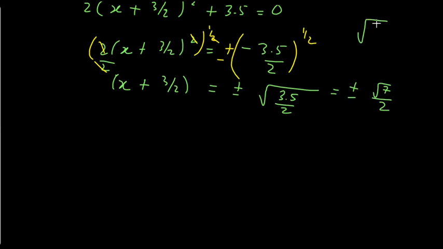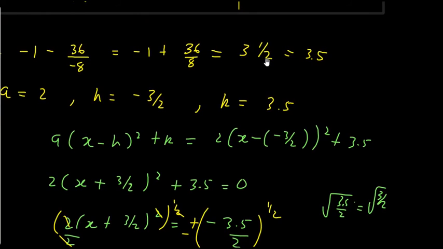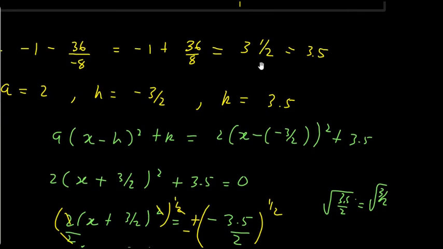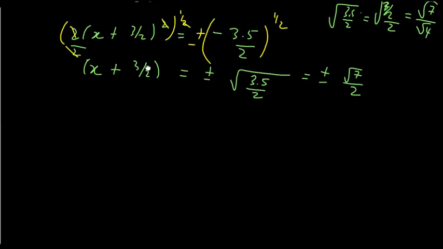What did I get here? 3.5 is the same as 7/2. Sorry, 7/2/2, which is square root of 7 over square root of 4. So that's where I got this one.